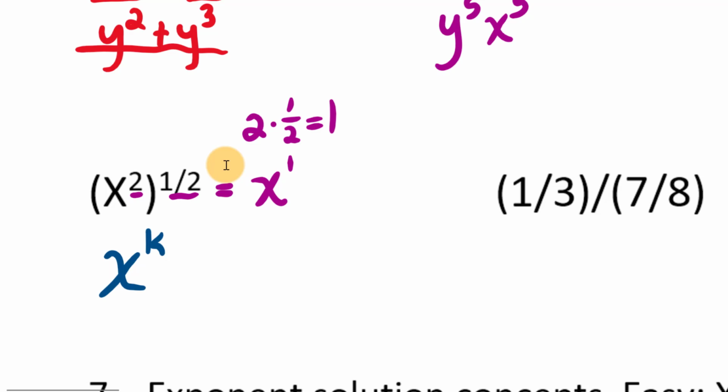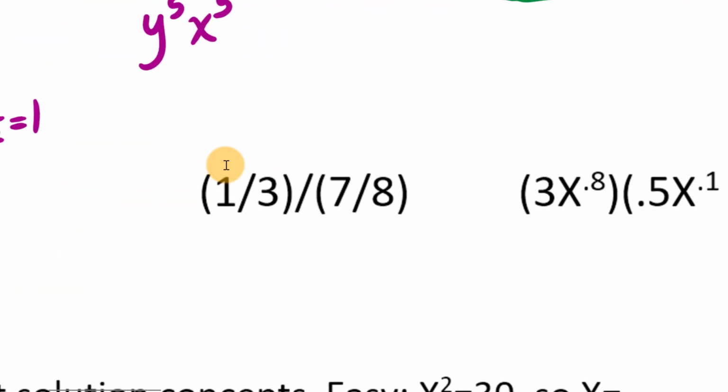If you have x to the k and you want to get rid of that exponent k, the way to do it is to raise to the 1 over k. Raise that whole thing, x to the k, to the inverse. Because whenever you simplify that, you're going to have k times 1 over k, and that's always going to equal 1. So it's a simplification rule that's very important to always be thinking about.